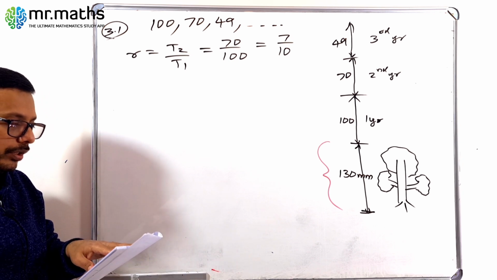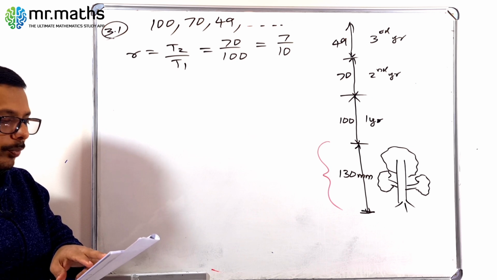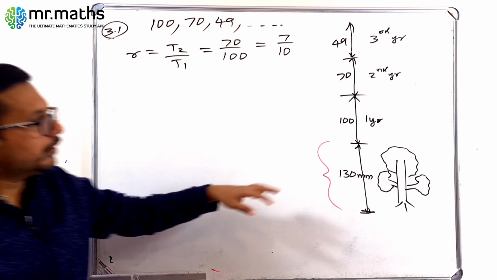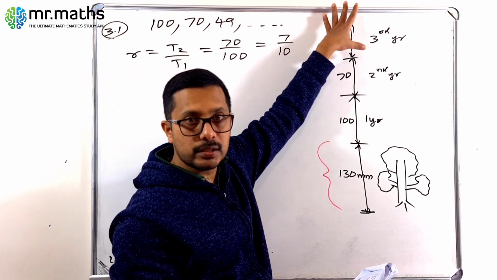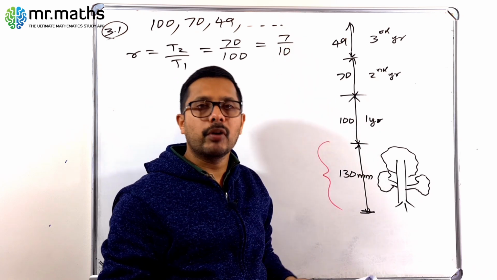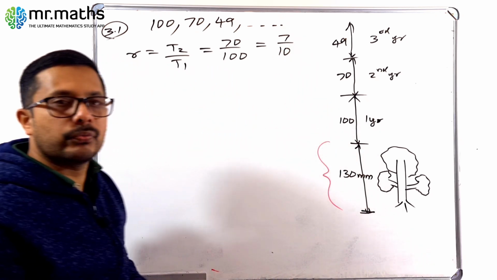Look at the next question. During which year will the height of the tree increase by approximately 11.76 meter? So when the height of the tree increases like this, on which year is the height going to be 11.76 meter? So how can you find that one?